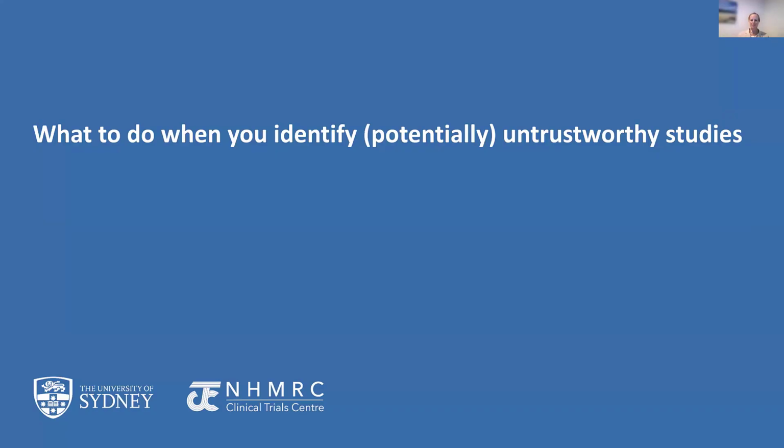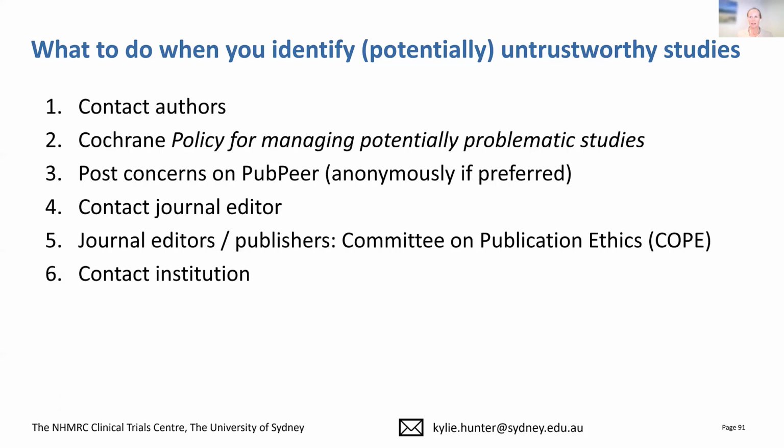Okay, so now I'm just going to briefly say, what should we do when we identify potentially untrustworthy studies? As we mentioned, our first port of call is always to contact the authors and say, look, we've noticed this. Do you have an explanation? Often things can be resolved that way, or often you won't get a response, which is probably a red flag in itself.